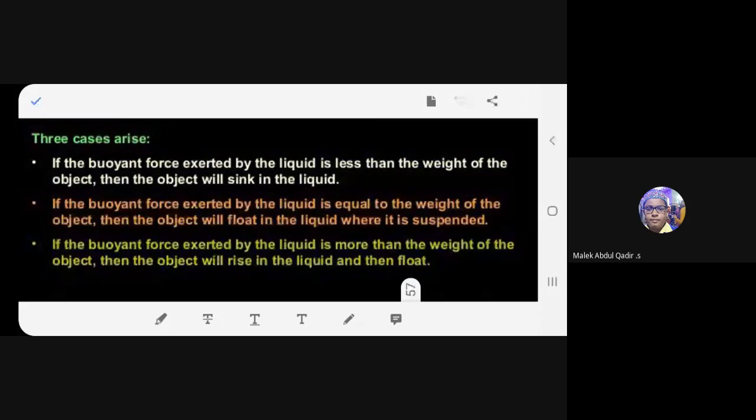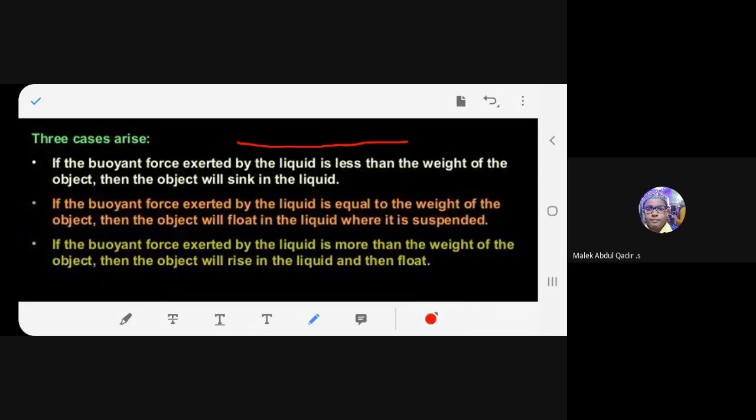We got three parameters. First is that if this is the water surface and this is the object, right? This is water. If the buoyant force, this force B, is less than the weight, what will happen?